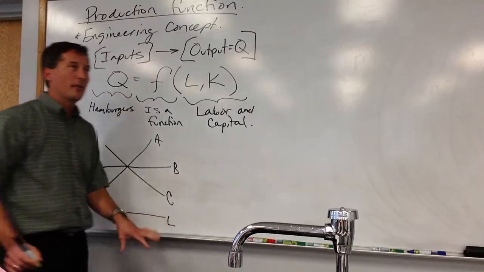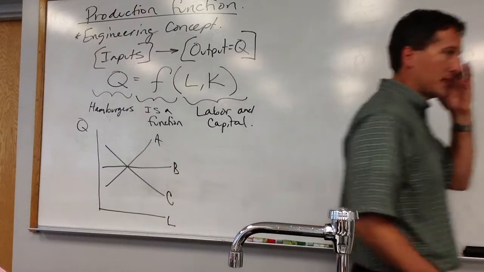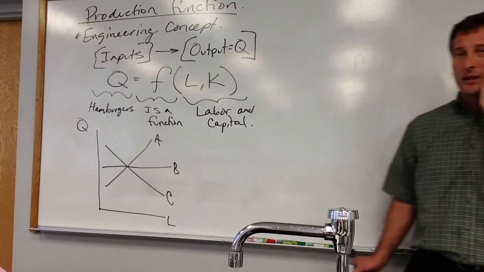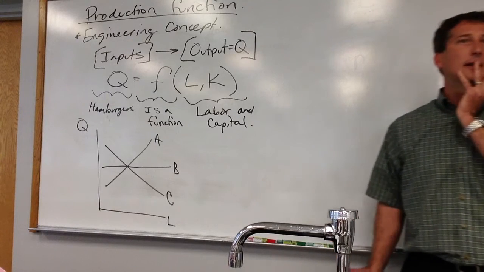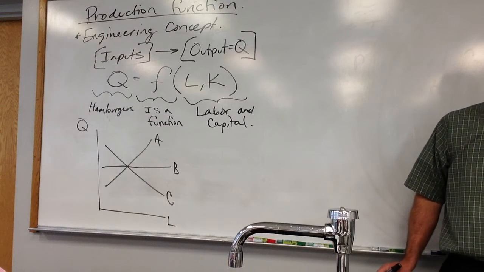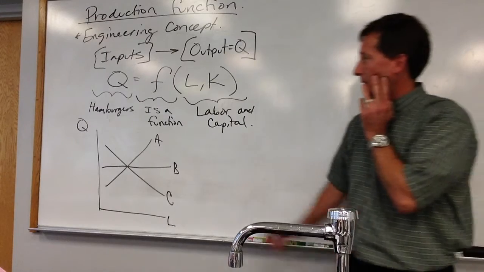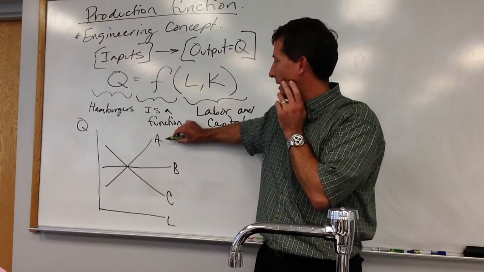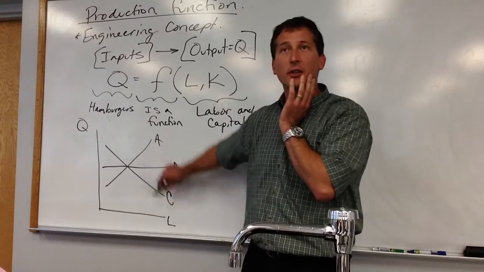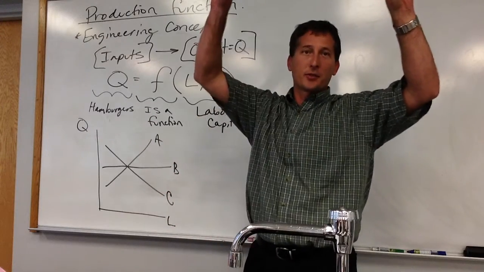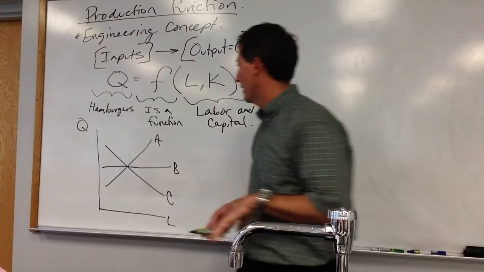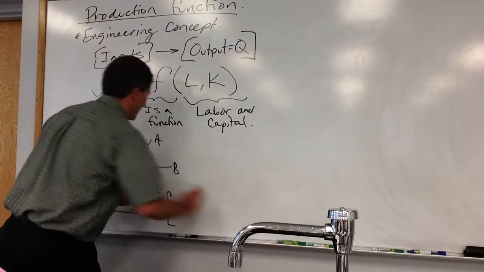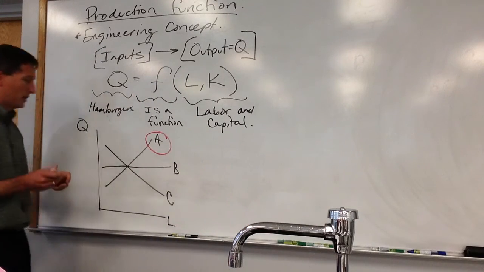So we've got labor on the horizontal axis, hamburgers on the vertical axis. What would that function technically look like? A? Back of the room, A? Look good? So it's an increasing function, right? More people, you get more hamburgers. So yes, A is the winner. We've got an increasing function.